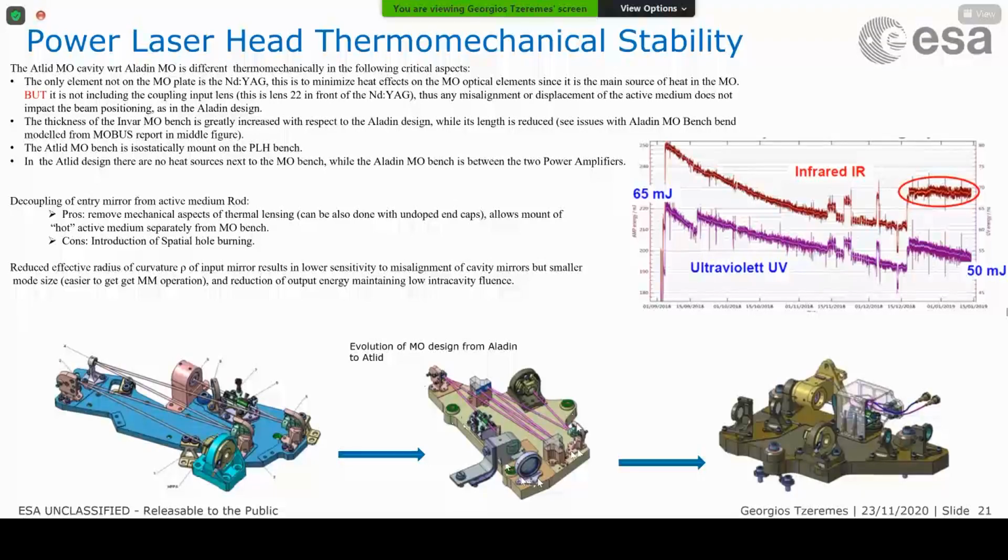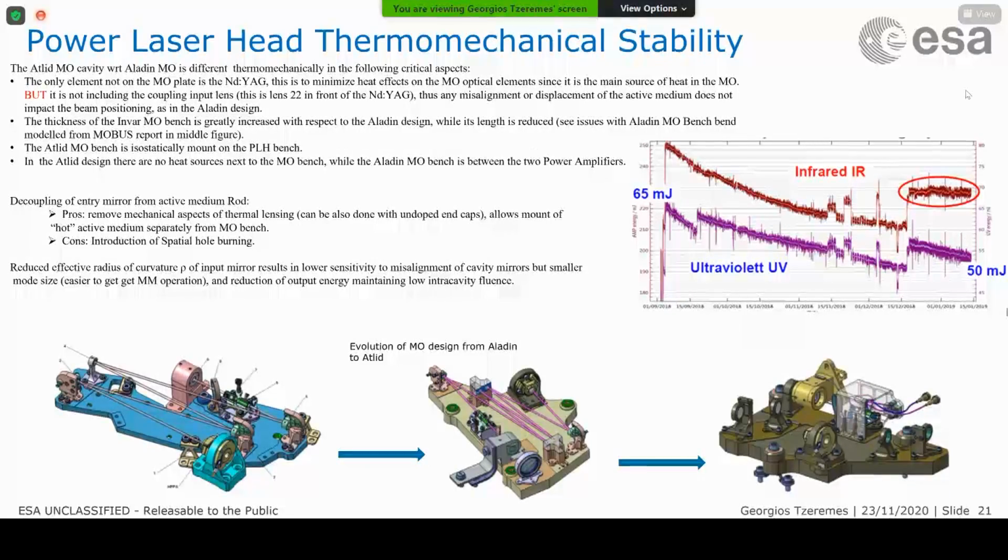The master oscillator plate is much thicker now and ensures the stability. And of course, we make sure that we don't have any heating sources left and right from the master oscillator. The last tests we did with this type of architecture were very successful, and we were performing like clockwork, was the report we got from Centre Spatial de Liège when we tested this, where they also did in the past the tests for EOLOS, and they had a good understanding of the difference between the two.